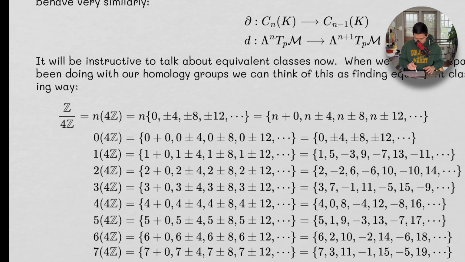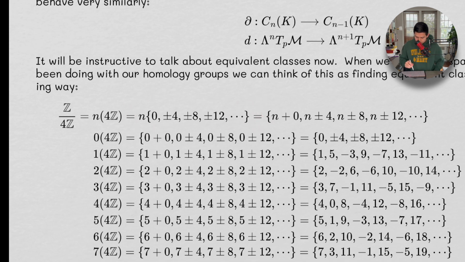well, 4Z is just all of the integers times 4. Right? So all of the integers n, and then we have this 4Z thing, and so we write that in this way, and then we get this right here.